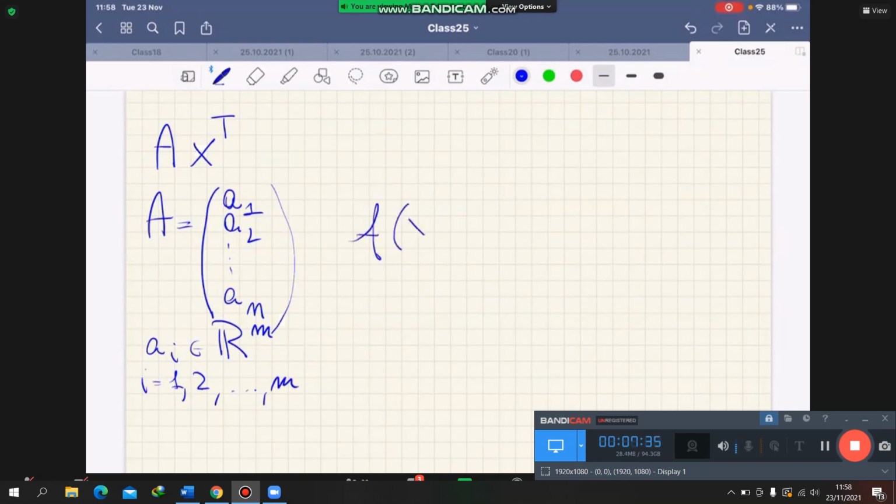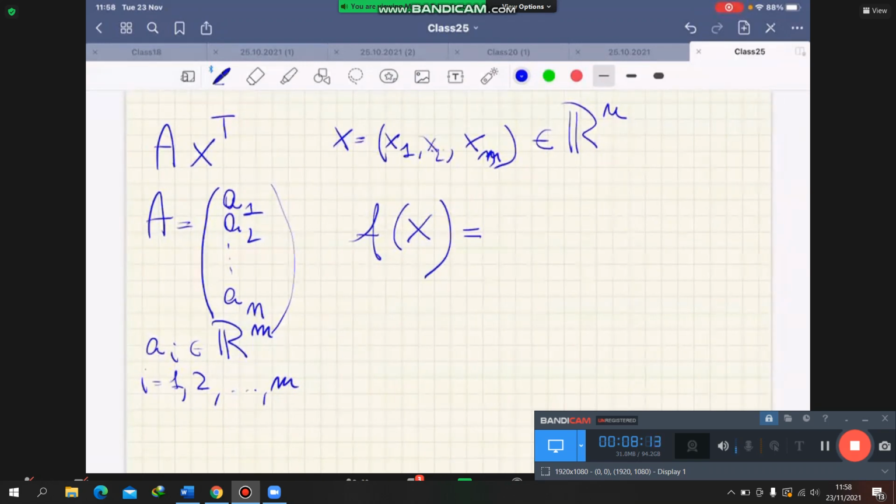f of x, where x is x1, ..., xn in R^n, is what? What is f?